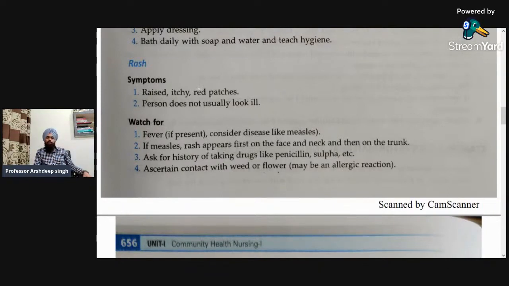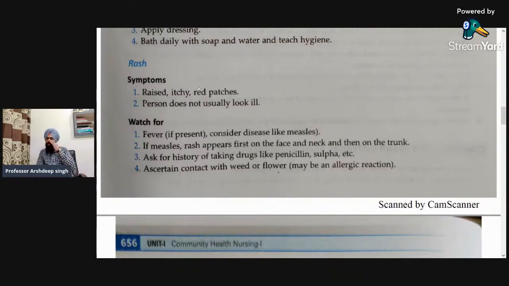Watch for fever. Consider measles: the measles rash appears first on the face and neck. So rashes can also relate to measles, which is one of the severe conditions. Ask for a history of taking drugs like penicillin, sulfur, etc., and any contact with weeds or flowers.